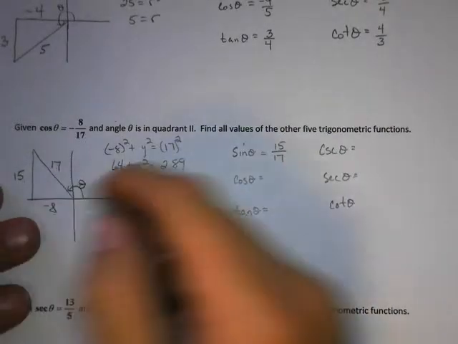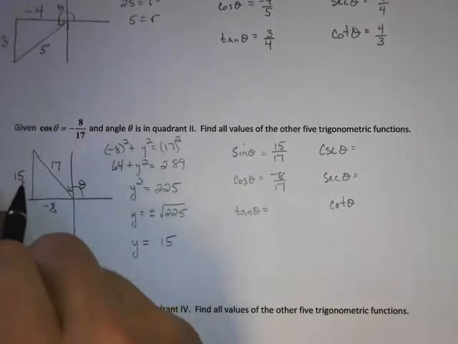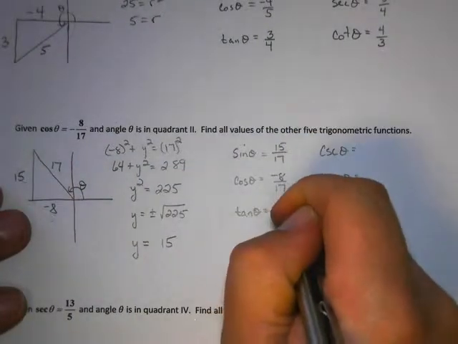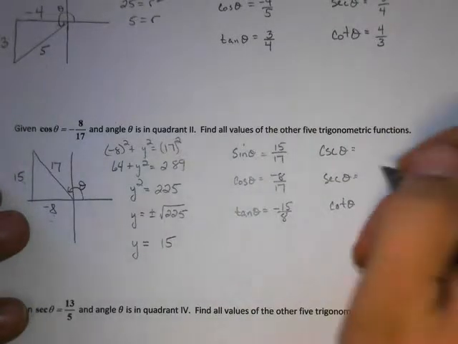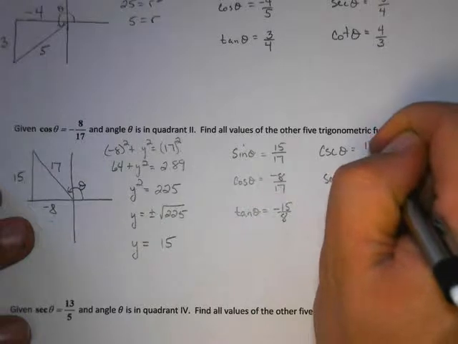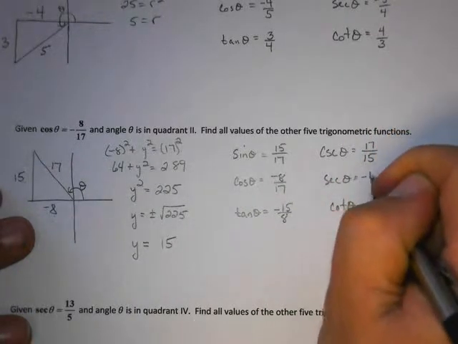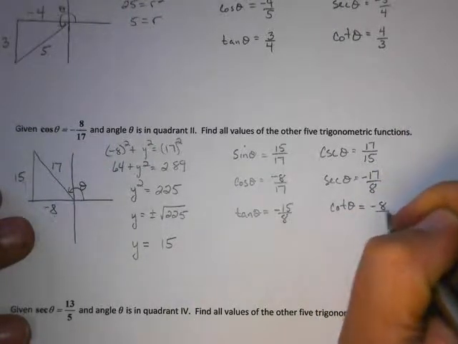Cosine's x over r, negative 8 over 17. Tangent y over x, or opposite over adjacent, negative 15 over 8. Doesn't matter where the negative is. Cosecant 17 over 15. Secant is negative 17 over 8. And cotan is negative 8 over 15.